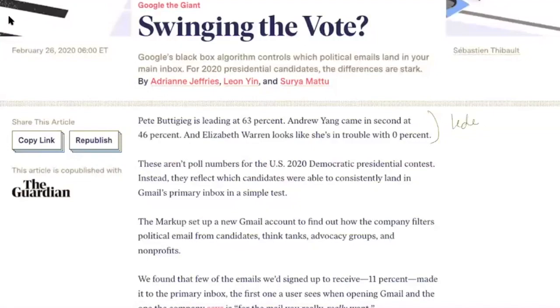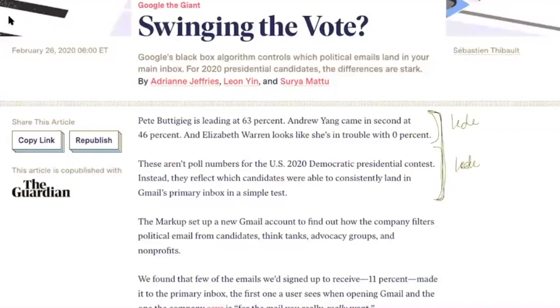And then I think that this next paragraph is actually part of the lead as well. It says, those aren't poll numbers for the presidential contest. Instead, they reflect which candidates were able to consistently land in Gmail's primary inbox in a simple test. So I think this is also the lead, even though it's a second paragraph. So that's what hooks you into the article. You're like, okay, I'm interested.